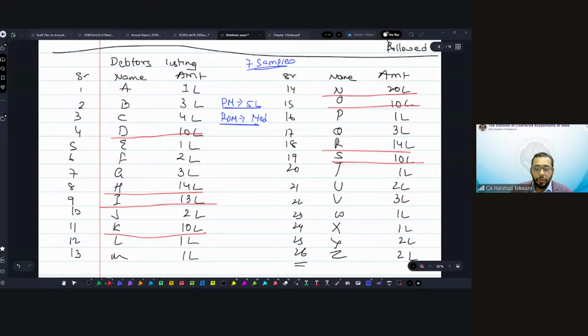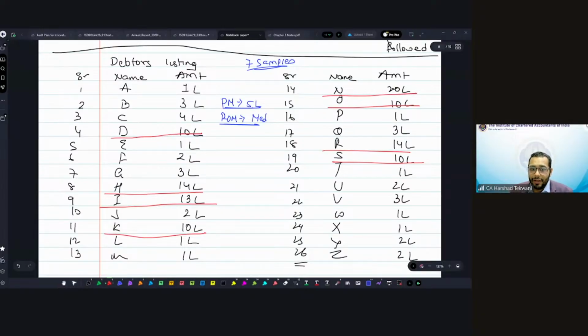In this particular scenario, we are not applying any probability theory. We are directly using a judgmental basis, based only on amount, not random sampling. If you use random sampling based on a random number table, fine, it could be statistical. If you use a probability-based method, again it will be called statistical sampling.